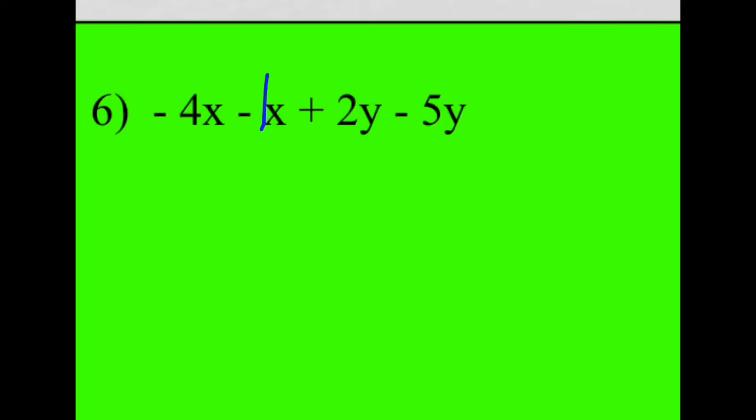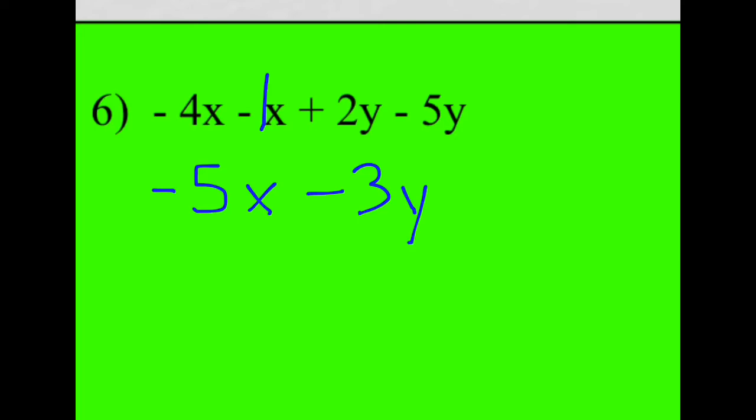The signs are the same, so we add them. It's negative 5x. Now, for our y's, we have positive 2y, negative 5y. The signs are different, so we subtract them. And we have more negatives, so it's going to be negative 3y. And that's as far as we can take that.